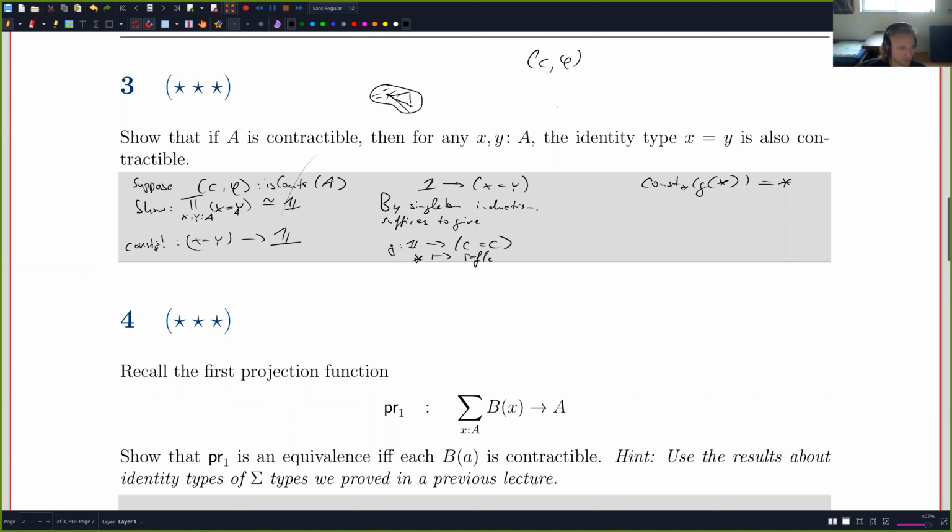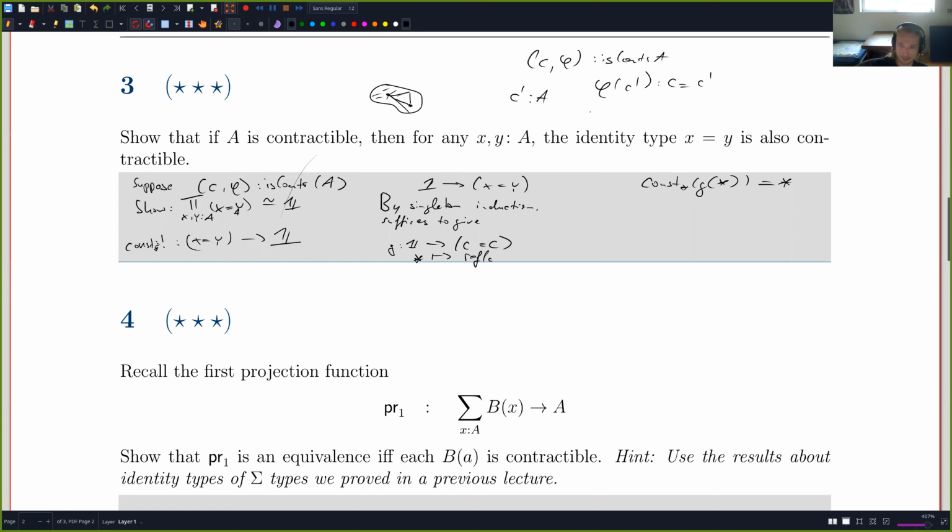So if you choose a hypothetical different one point, so let's say this is a witness of contractibility, and then you have some other C prime in A. Then phi of C prime witnesses that C is equal to C prime. So any other point is connected to it by a path.